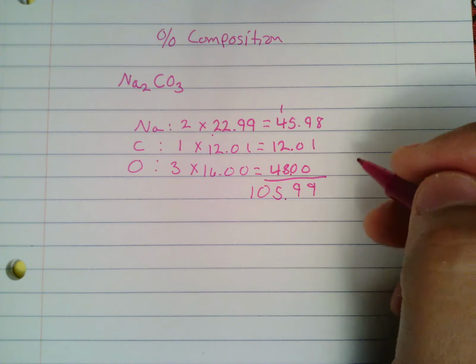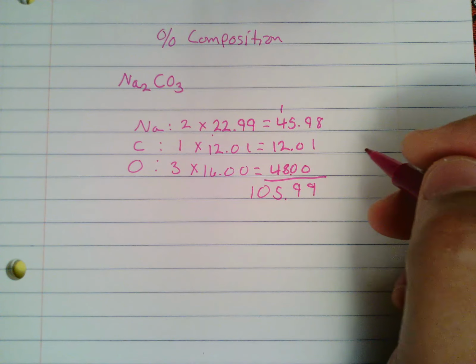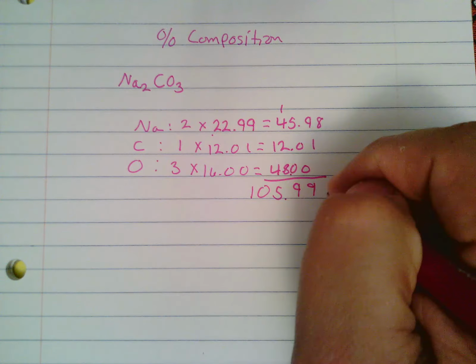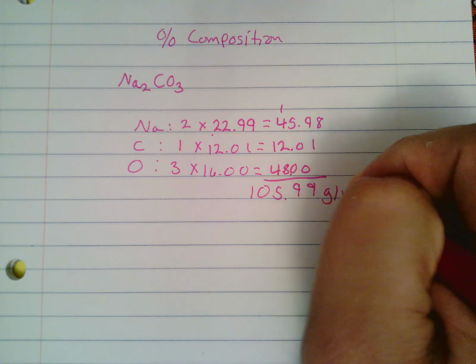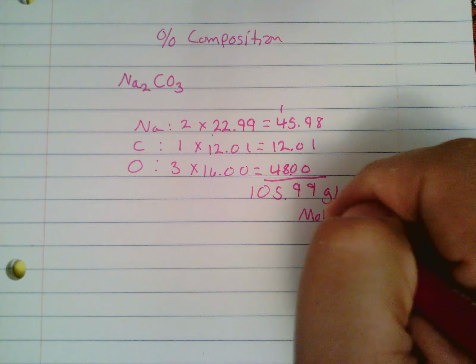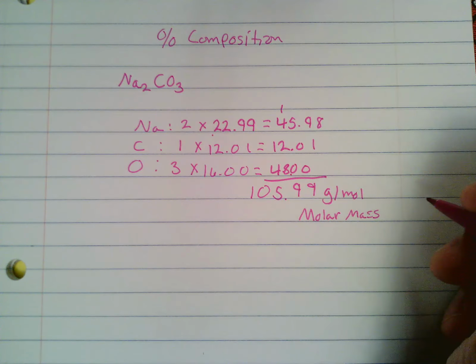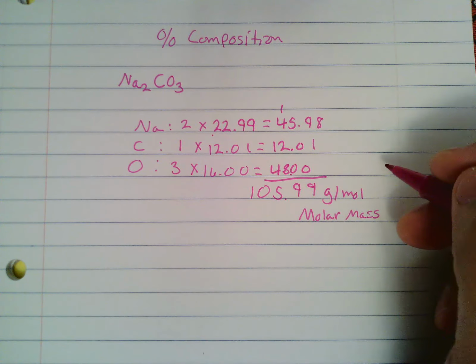Now, we need to know the percent composition. This right here is grams per mole, otherwise known as molar mass. If we were going to do a conversion, this would come in handy, but right now, we're not doing a conversion.